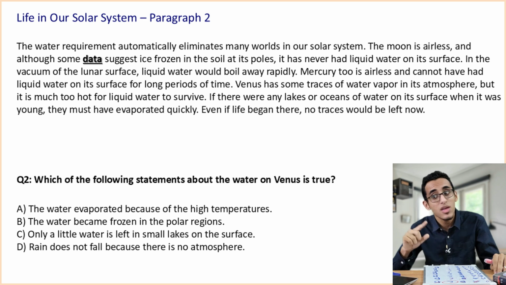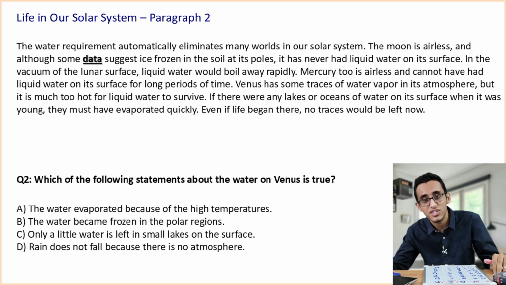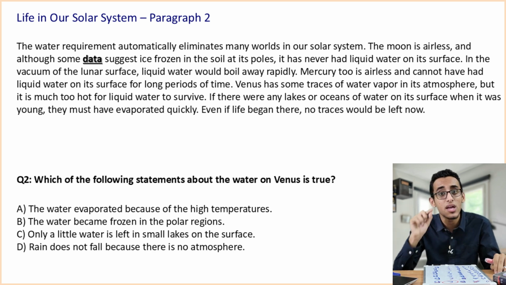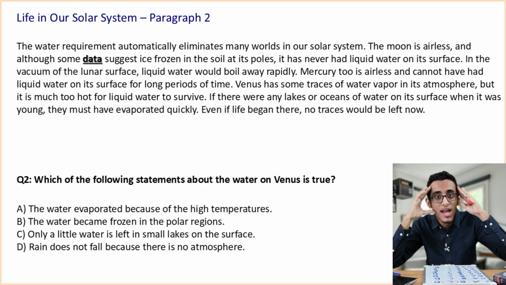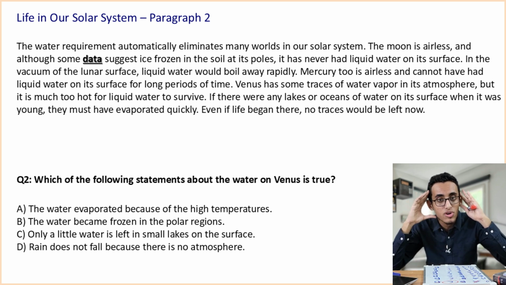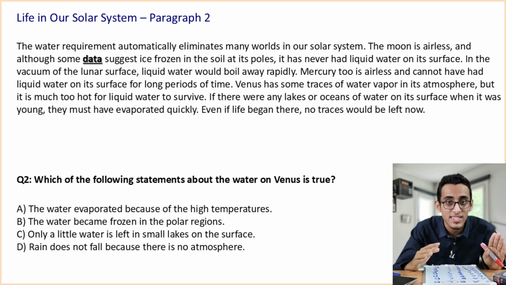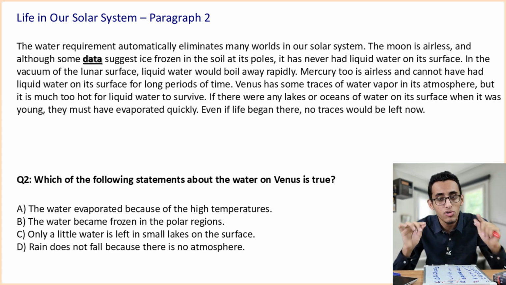Don't waste your time. So you read the question very quickly and go to the passage. Go back to the question. Go back to the passage. Just take keywords. If you want, write them down or keep them in your mind. And I think you should keep them in your mind. Water on Venus. You're searching for water on Venus.